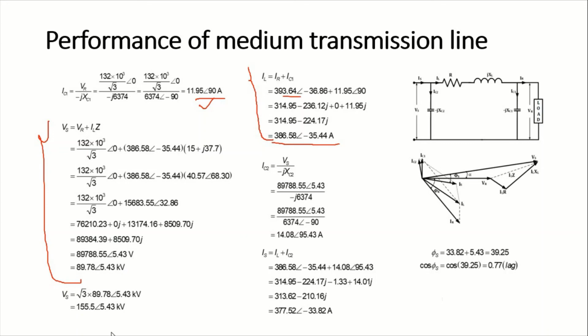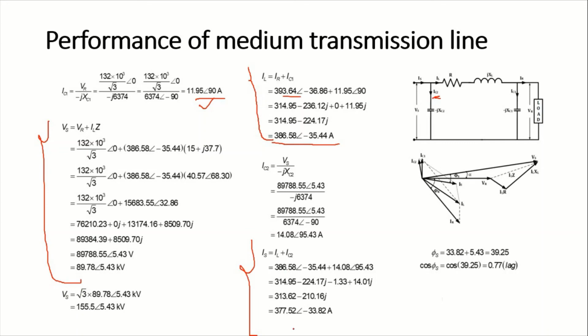This is a phase value, we have to convert it into the line voltage, so multiply with √3. Now we have to find the value of IS. Before calculating IS, we require the value of IC2, and IC2 is VS upon JXC2. Put in the values of VS and XC2, and we get IC2 as 1.408 angle 95.43 ampere, and IS is equal to IL plus IC2.